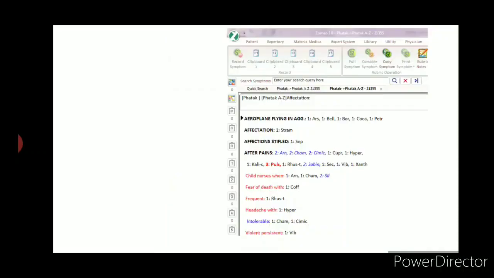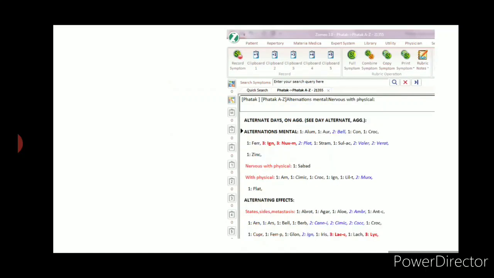Now I am going to use a particular software from Homeopath Zomeo, and we will see some more important rubrics in Phatak's repertory. So here we have aeroplane flying aggravates. Okay, so for this very recent condition, you can use this rubric.